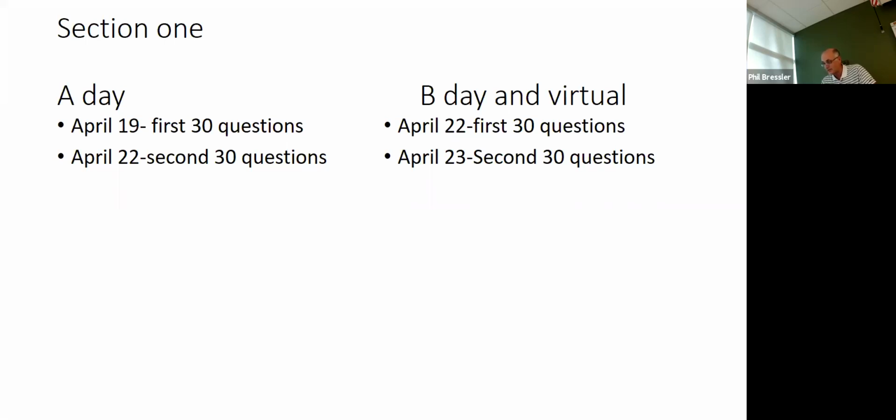Oh man, that's going to be fun to figure out. And the B Day guys will do the first 30. And then on April 23rd, the B Day guys will do the second 30, and the A Day guys will do the FRQ. And I put this on the Blackboard calendar, so you'll have it. Anyone have any questions on this?